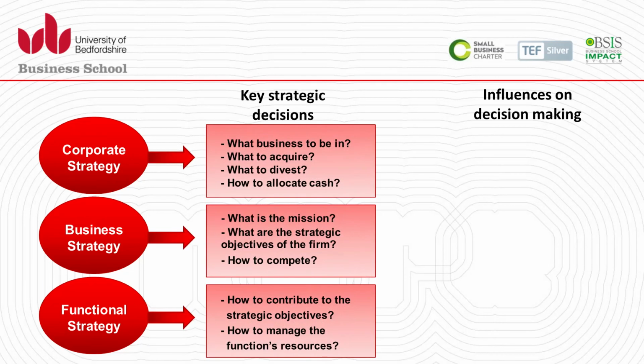On the key strategic decisions, for example, when we think about corporate, we said in the earlier slide, this is the question we need to ask ourselves as the top senior executives of the organization at the corporate level: what business to be in, what is required, what to divest, and how to allocate cash. This is where the business needs to initiate itself and justify its purpose and its existence.